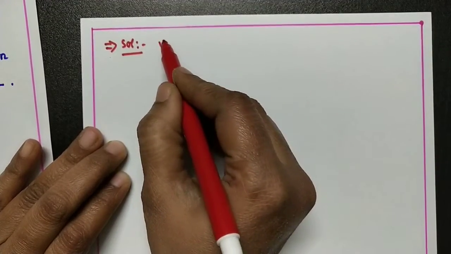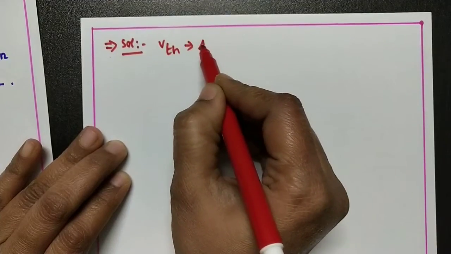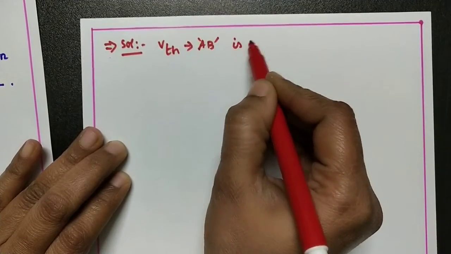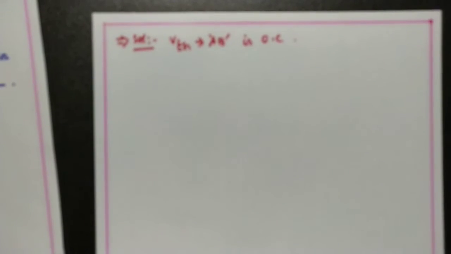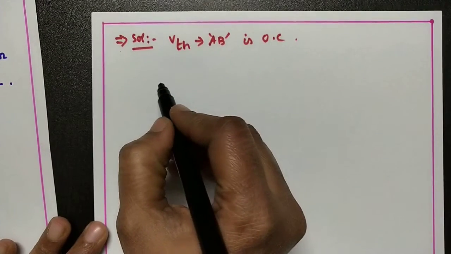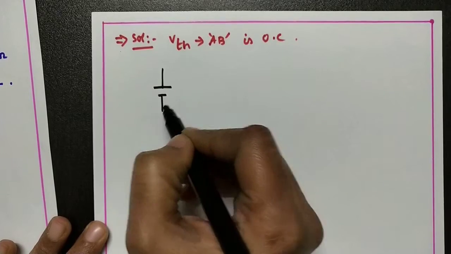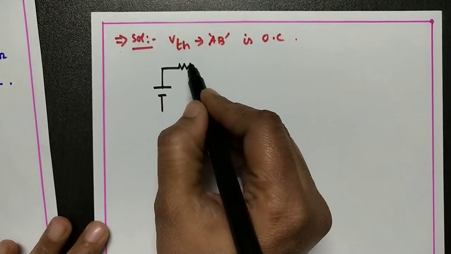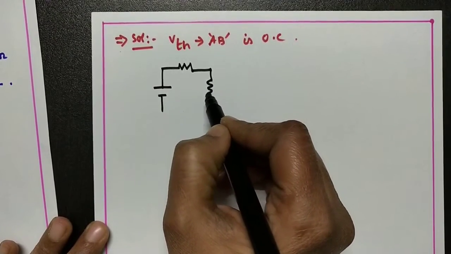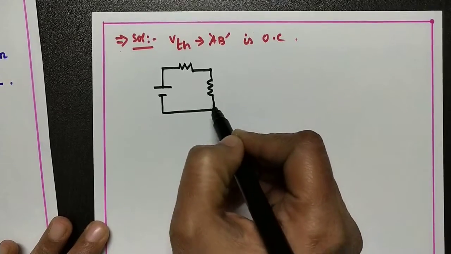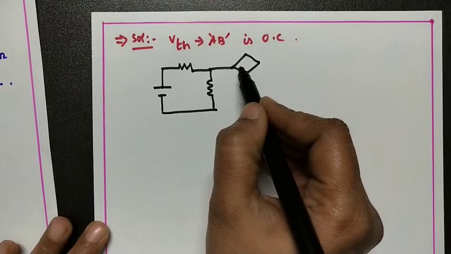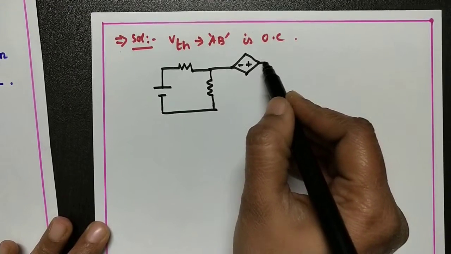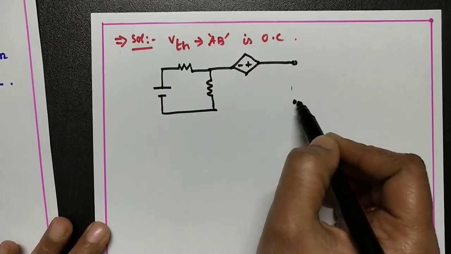So for VTH, now AB is open circuit. Let me draw the circuit again. Resistance, in parallel another resistance, and here the dependent voltage source. This is open circuited.